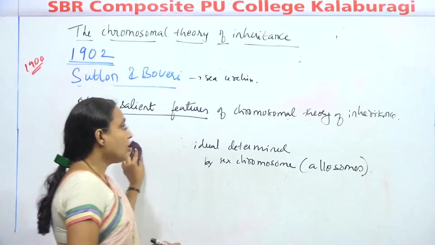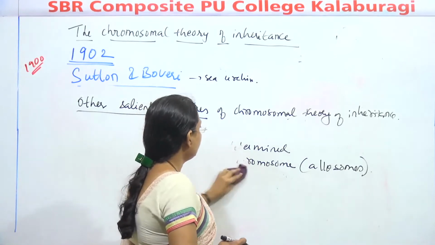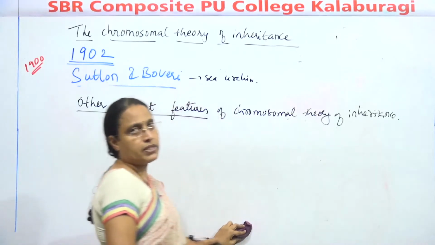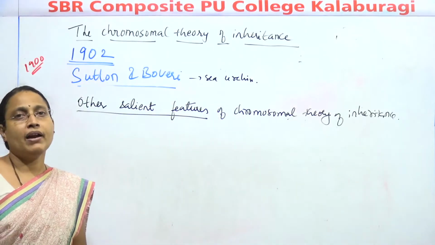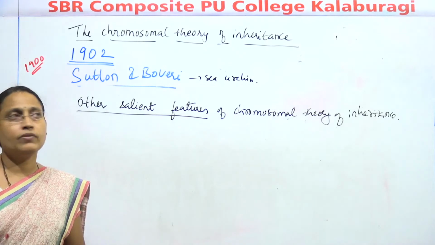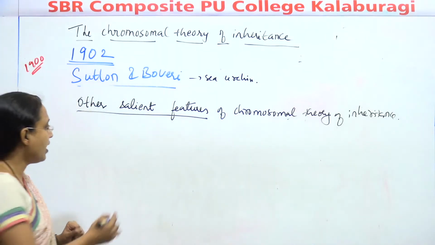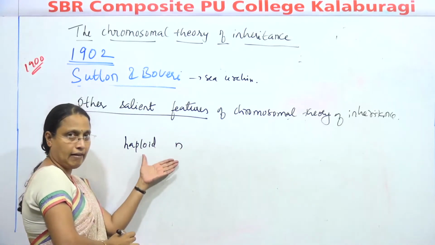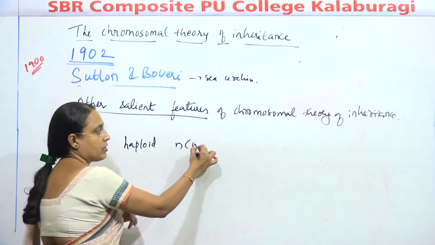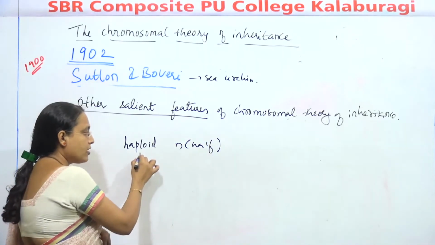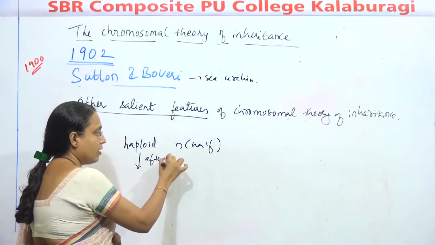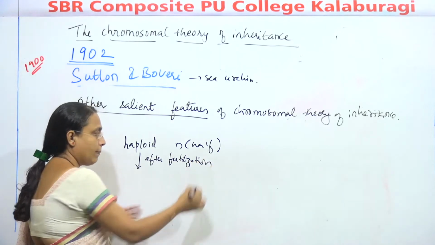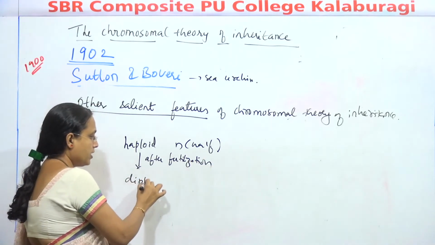The remaining points will be similar to what is taught in the parallel nature of Mendelian factors and chromosomes. Haploid cells have chromosome number n; only half the number of chromosomes is present. When haploid cells fuse after fertilization, a diploid cell is formed.